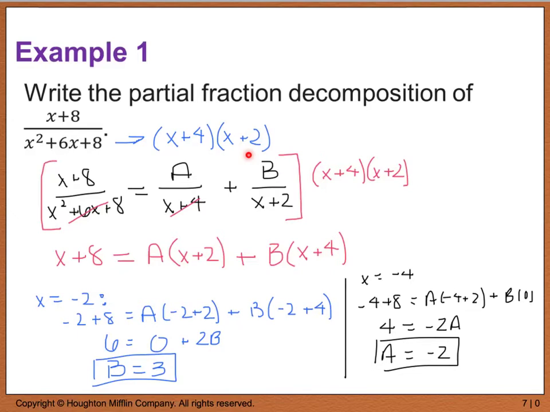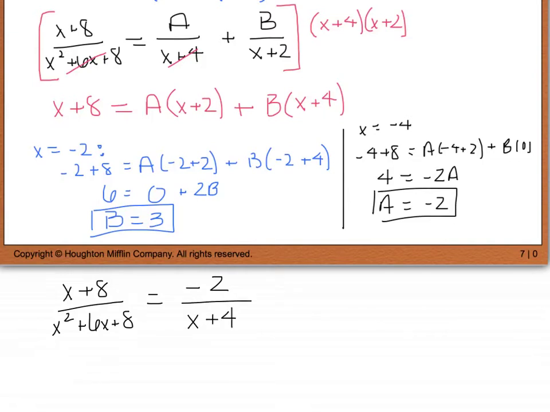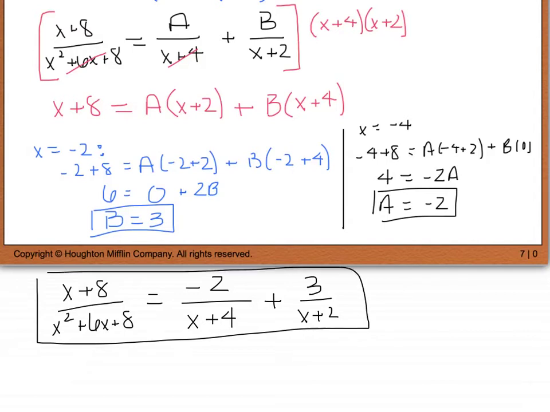So in this case, A was -2, so I'm going to rewrite this as the partial fraction decomposition of (x + 8) over (x² + 6x + 8), and say that that is equal to -2 divided by (x + 4) plus B, which was 3, divided by (x + 2). And this here would be my partial fraction decomposition.